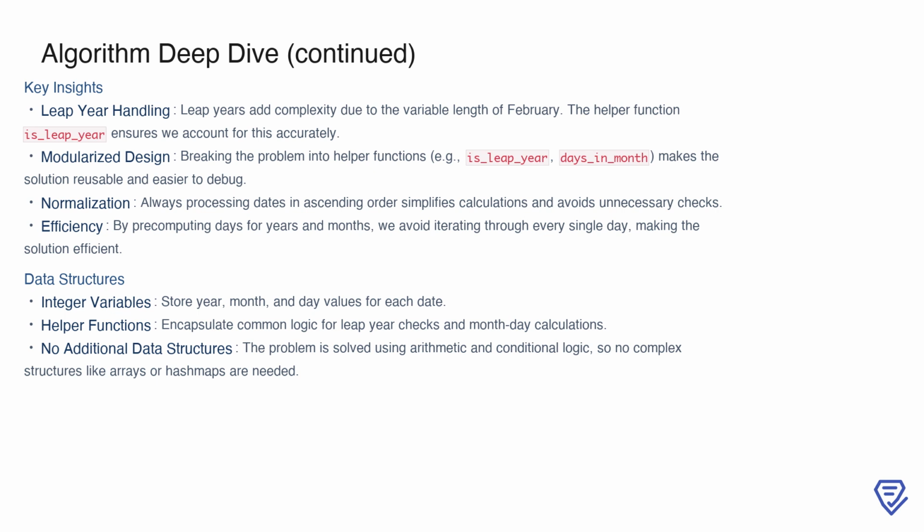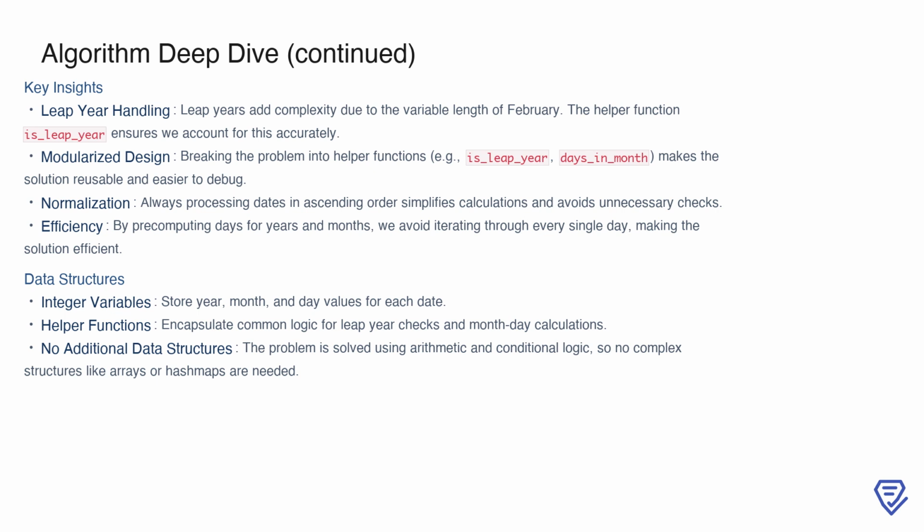This design also makes the code easier to debug and maintain. Third, normalizing the dates to process them in ascending order eliminates the need for additional checks during calculations, streamlining the logic. Finally, the solution is efficient because we pre-compute the total days for years and months, avoiding the need to iterate through every day between the two dates.